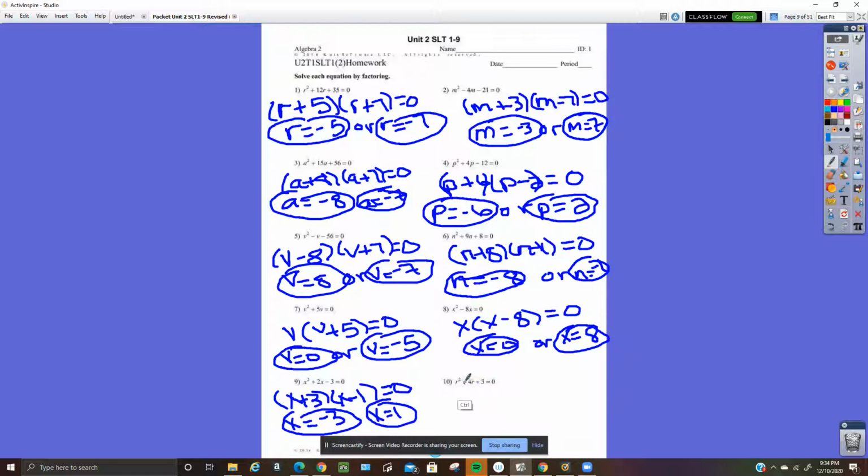And then the factors of 3, they give you a 4, or 3 and 1. So all the ones on this page have a leading coefficient of 1, or the a value is 1.